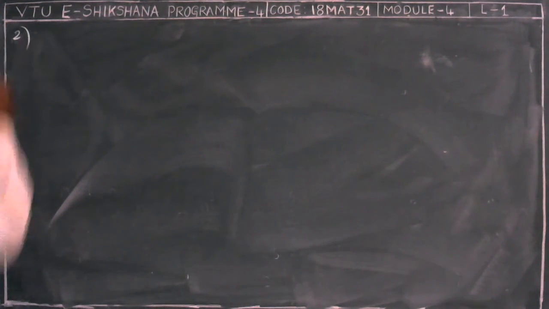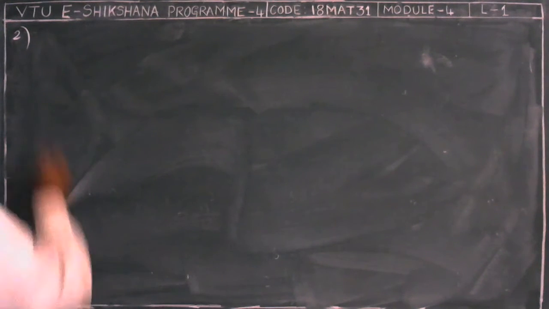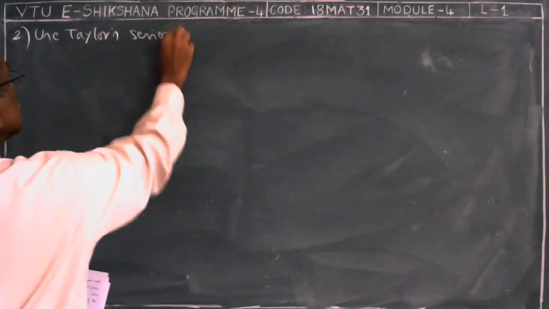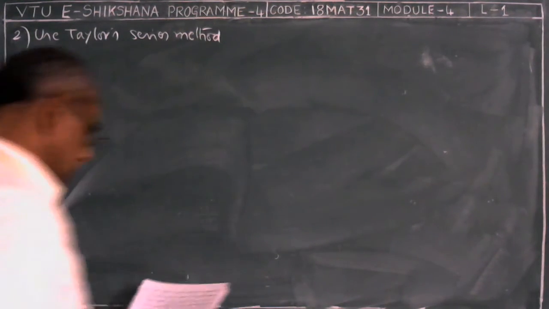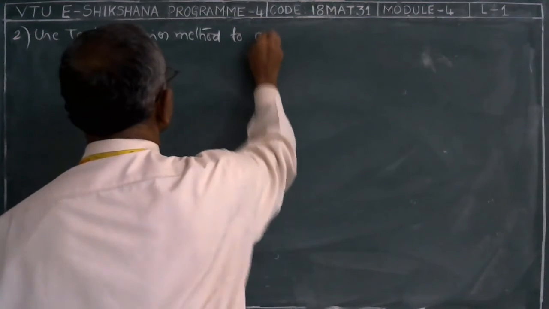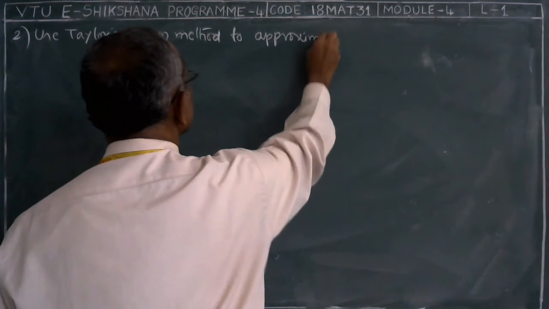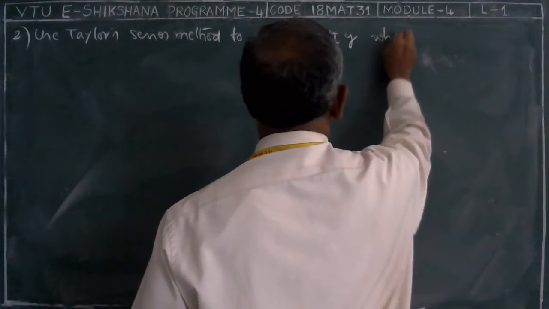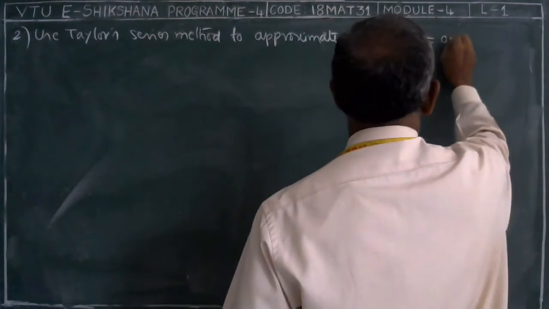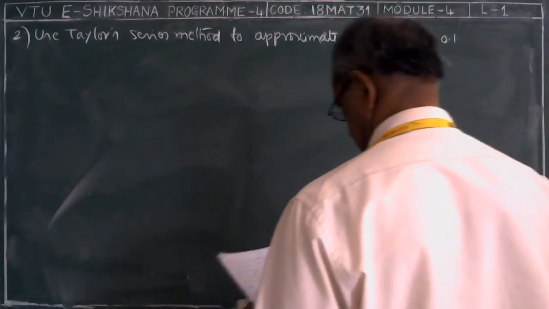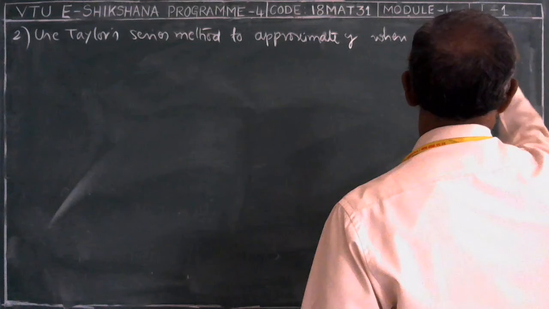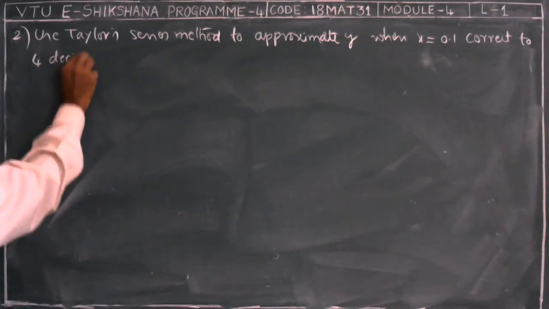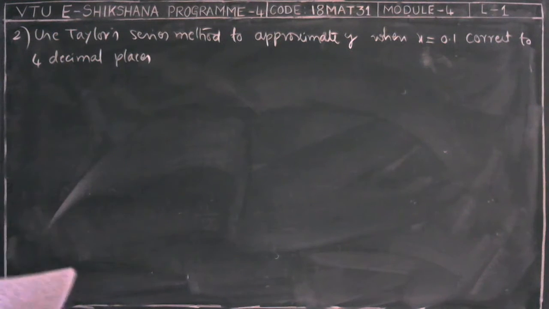Use the Taylor series method to approximate y when x is equal to 0.1, correct to 4 decimal places.